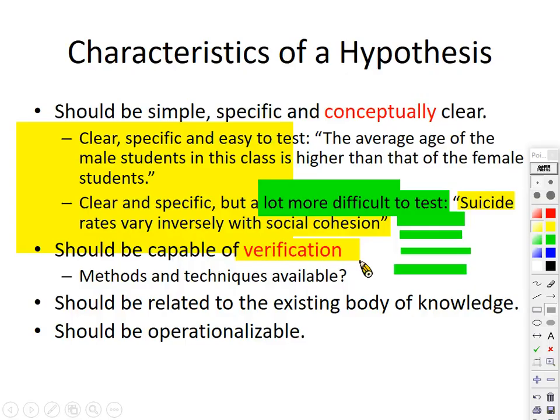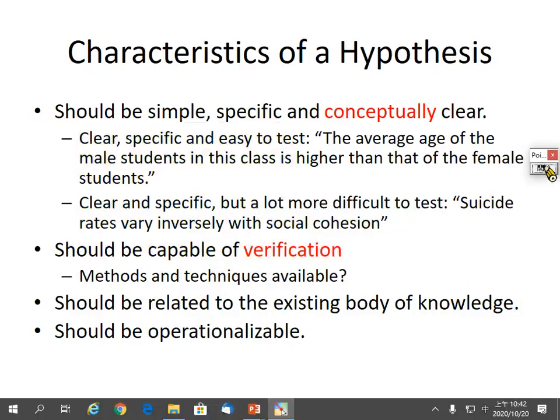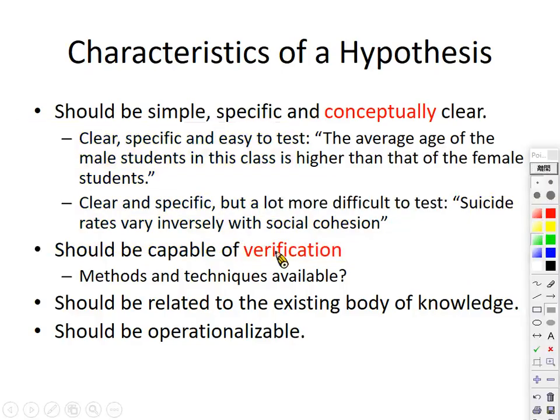That is, we need to have methods, we need to have the techniques, and then we need to have the expertise to test the hypothesis, right? So this is very important. And when we talk about verification, it really refers to your ability, whether you are capable of doing this.